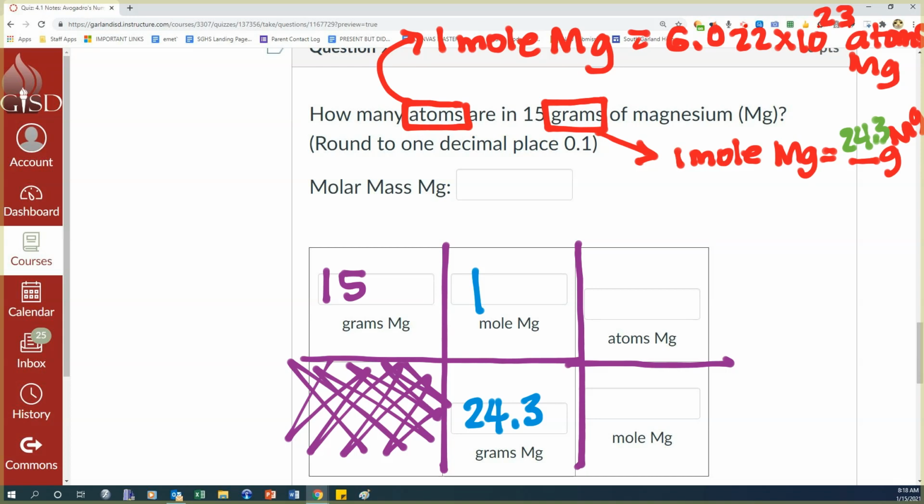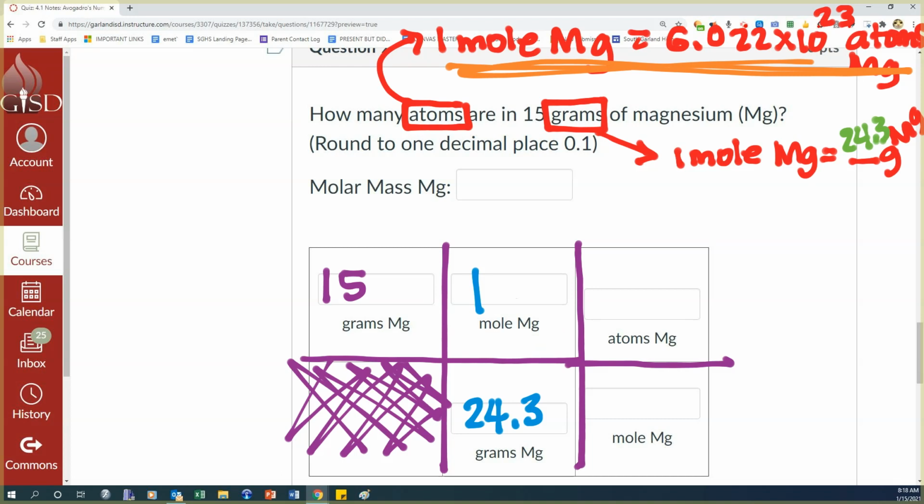Now look at your top box for your conversion factor. This is mole. Again, boxes across diagonally must have the same unit. So we need to use the last conversion factor now.